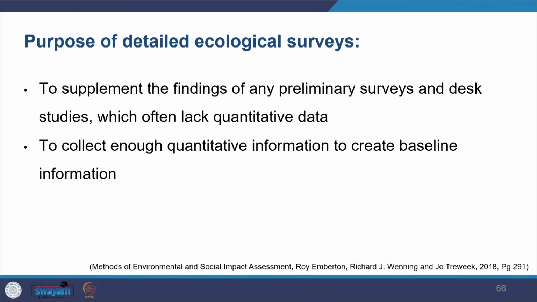The purpose of a detailed ecological survey is to support whatever findings you have made in your preliminary survey. You support them with a detailed study, and you give the numbers to it. You might have an initial study with only descriptions that such things are happening, but with this survey you can give detailed information. This will help you to create baseline information.